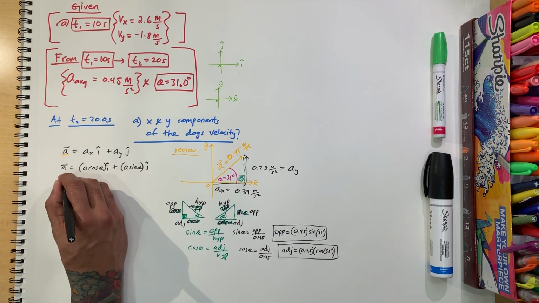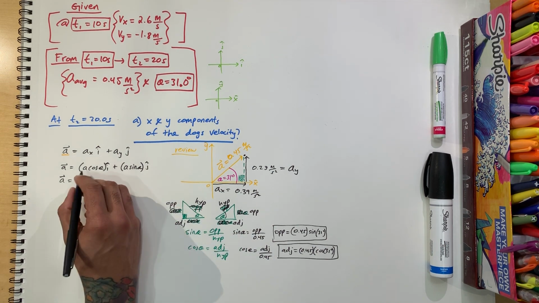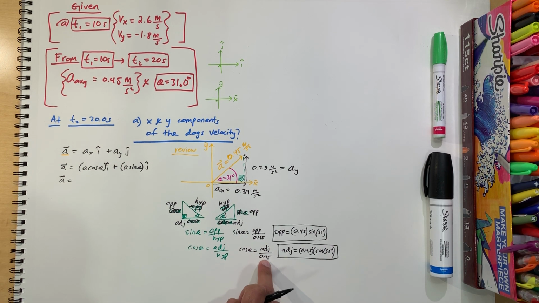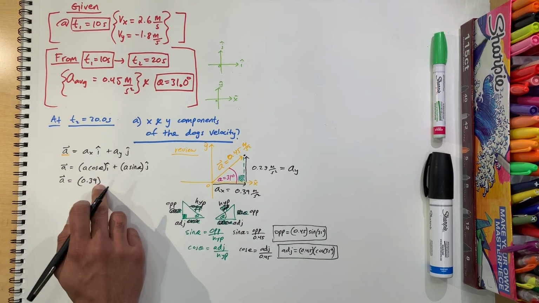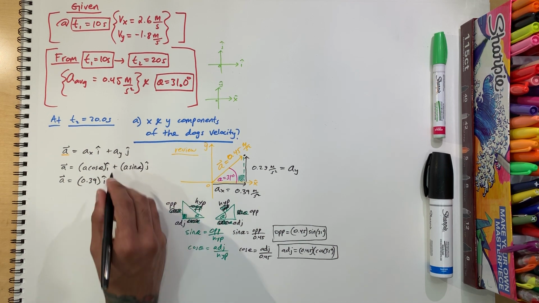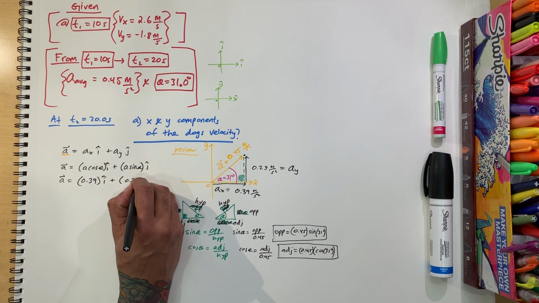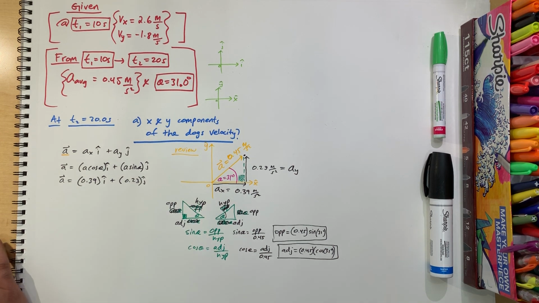Now we already know those numbers because we did it here, so we're going to put a cosine, which is this one here. The a is this 0.45, so when we put that over here, it becomes a cosine, which is a cosine, and that number was 0.39. I'm not going to put the units for now. This is in the i hat direction, which is the x, and the other one is 0.23 in the j hat, which is y.